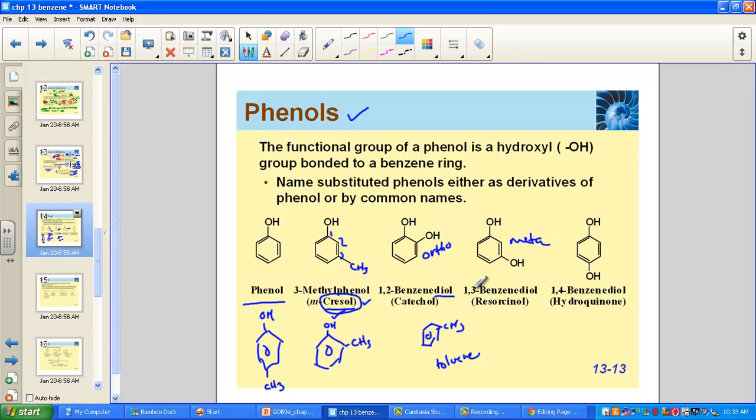Here is meta, 1,3-benzene diol. 1,4 would be para, 1,4-benzene diol. However, get familiar with these names: catechol, resorcinol, hydroquinone. Two functional groups, just based on the position of both OHs, and you hear three different common names. Ortho, meta, para position, turn it from catechol, resorcinol, and hydroquinone.